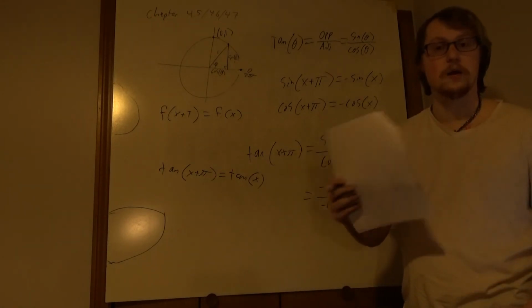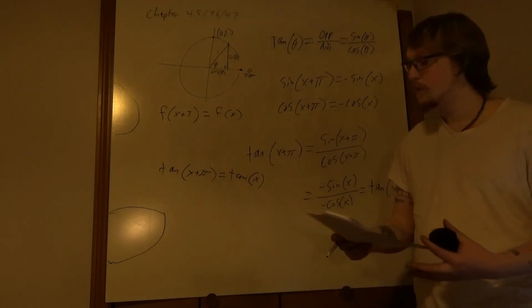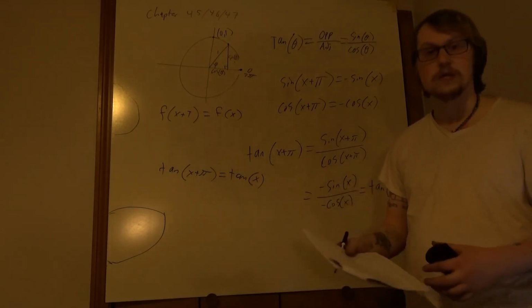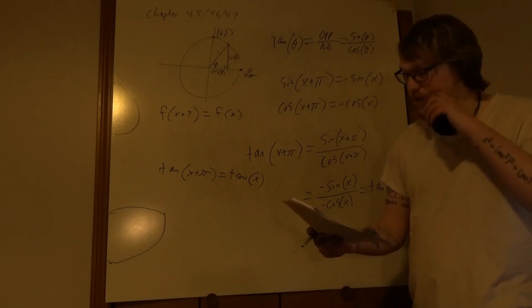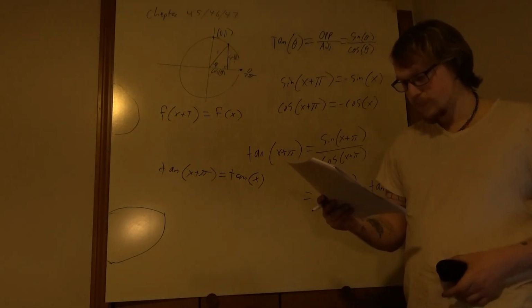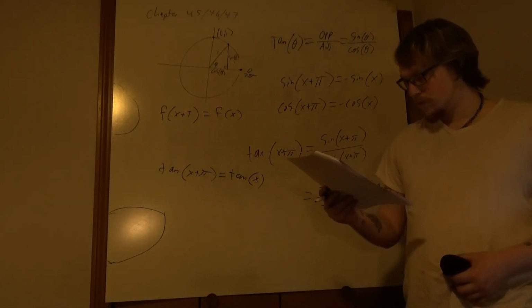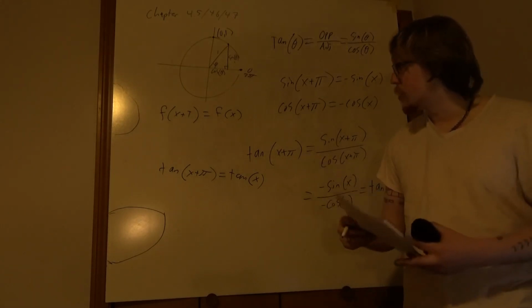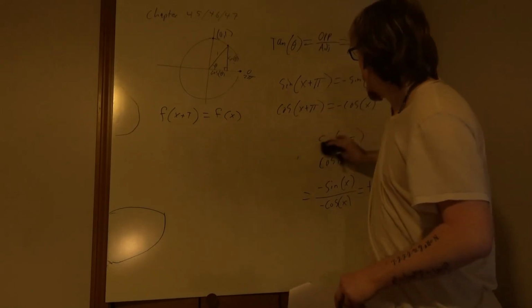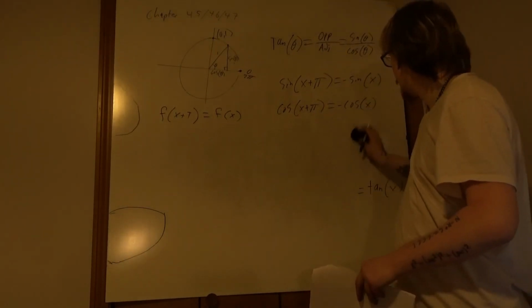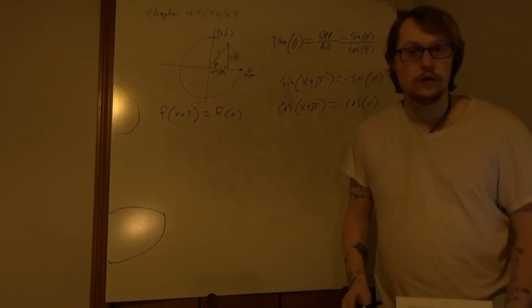The period for sine and cosine were both 2 pi, but the period for tangent is only pi, so that's one of the differences that we get with this function.